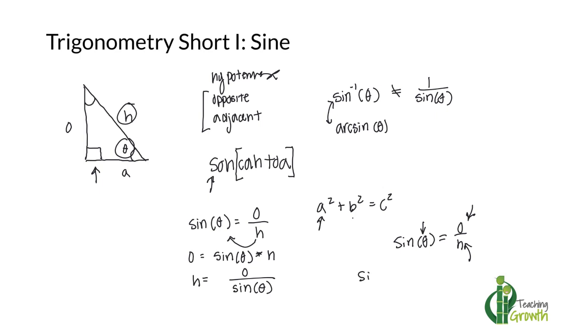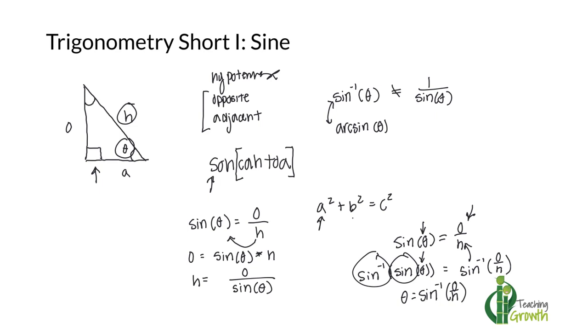It'll look something like this. This is an inverse function, and you know what happens when you take an inverse function of a function? They cancel out, and you'll be left with only the remaining internal parts. So theta, or the angle, is equal to sine inverse of opposite over hypotenuse.